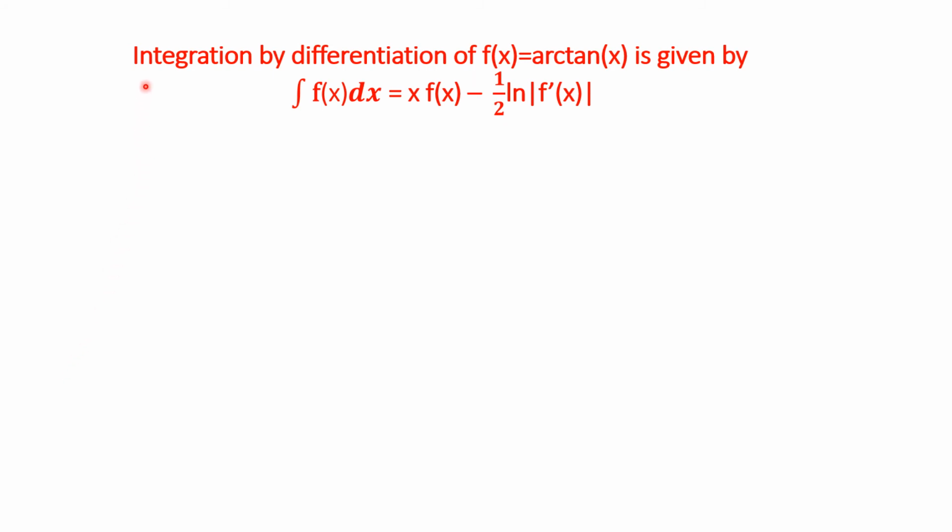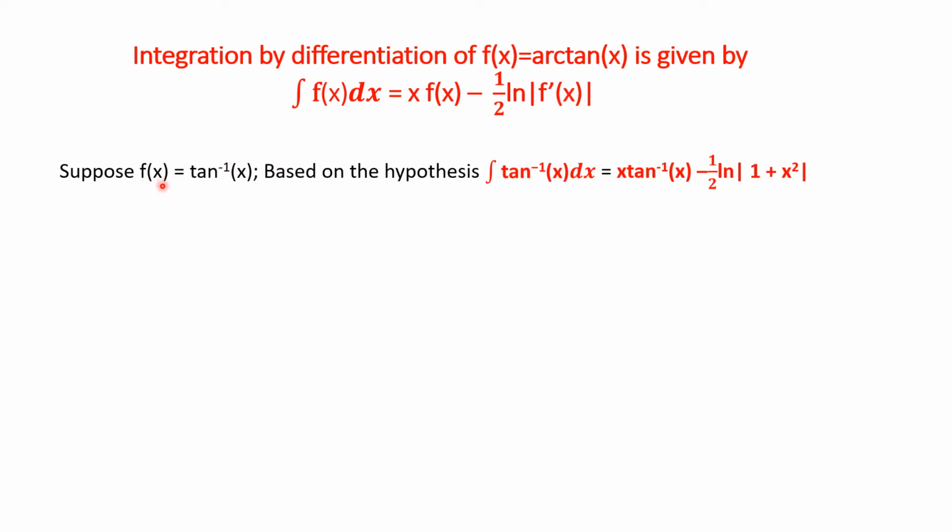Next, we look at the integration by differentiation of f of x equal to arctan x, and this is given by the integration of f of x dx equal to x multiplied by f of x minus half of ln the absolute value of f prime of x, where f prime of x is the derivative of f of x.